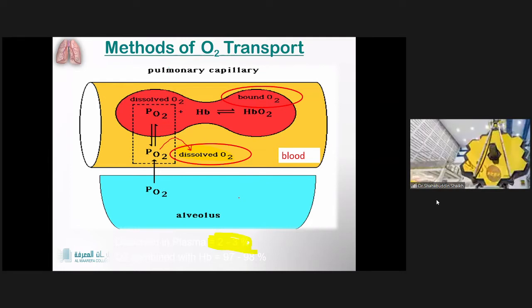I'll tell you one sentence. Please tell me if it is correct or wrong. Partial pressure of oxygen is because of oxygen bound to hemoglobin. Wrong.